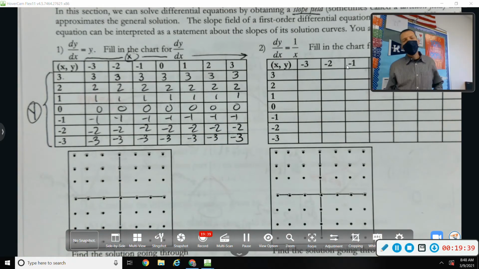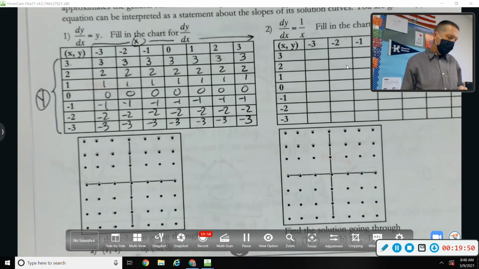On a test, you're never going to have to fill out a 7x7 grid. So that's 49 answers we just gave. They were all easy. There was a pattern, but it was 49 different points.